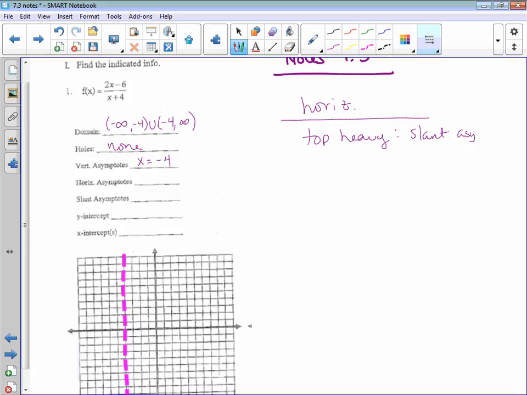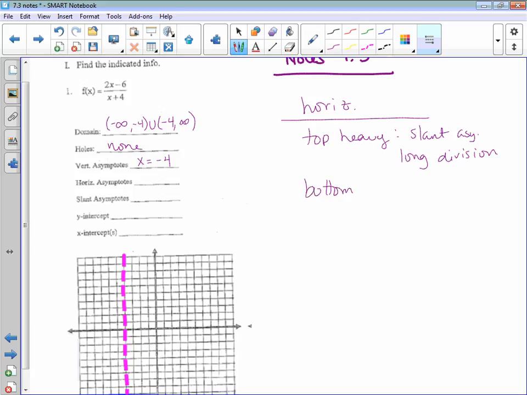It's sometimes called an oblique. And you have to do long division for that. Do we have top heavy in this problem? No. Okay. All right.